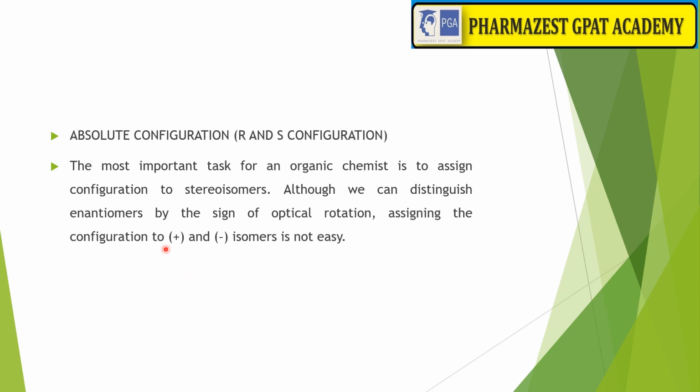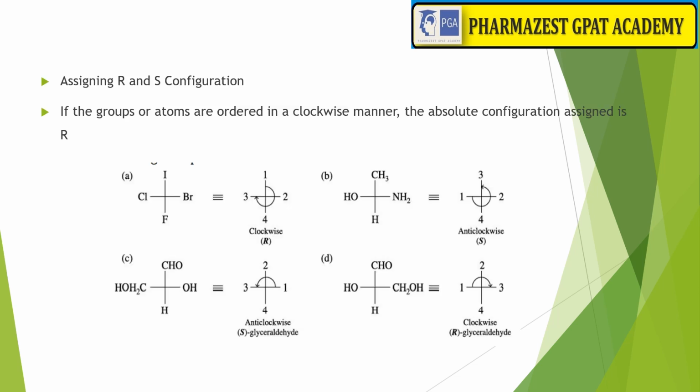The most important task of organic chemistry is to assign configuration to stereoisomers. Although we can distinguish enantiomers by the sign of optical rotation, assigning the configuration to plus and minus isomers is not easy. Next, coming to assigning of R and S configuration.